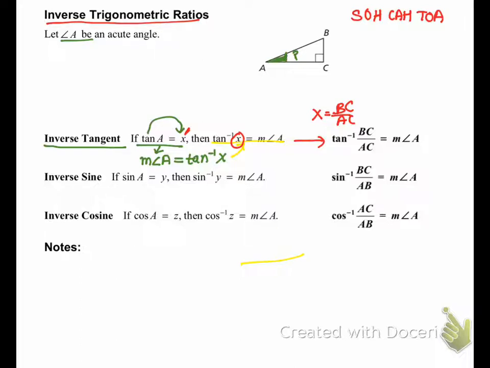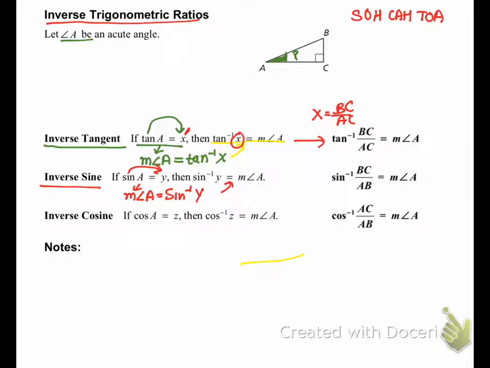In the same way, if you have to find inverse sine, and sine A is given, just bring it to that side, and this changes to the measurement of angle A, that's inverse of sine. And you can see it's the same expression here. And y is actually sine of A. What is sine of A here?